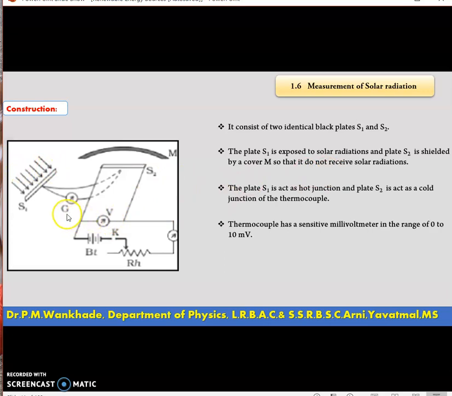When both the plates S1 and S2 are shielded from solar radiation, both thermocouple junctions are at the same temperature, so the millivolt meter shows 0 EMF.